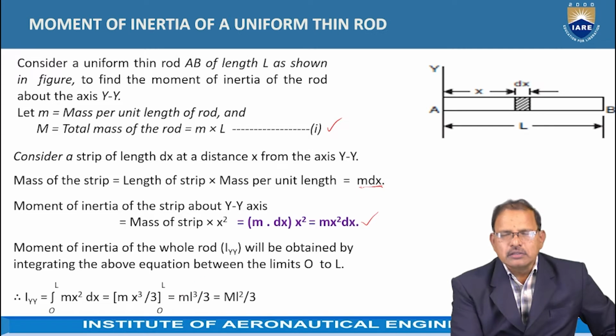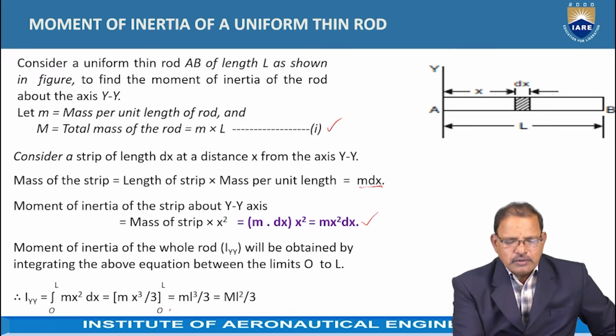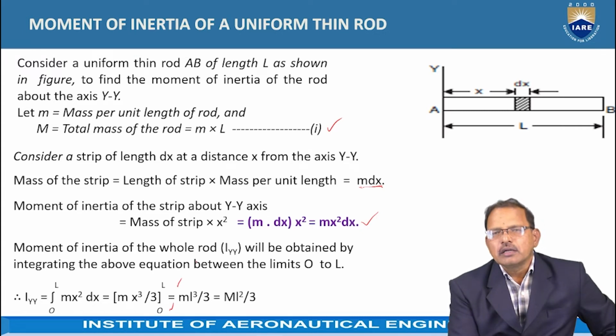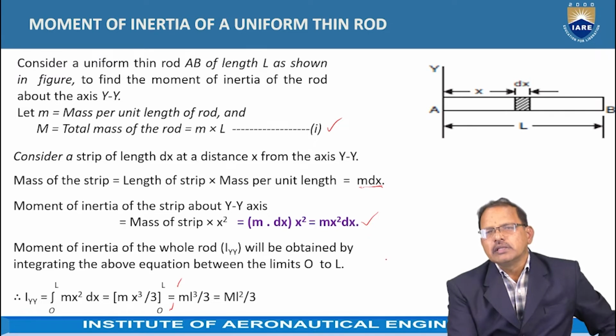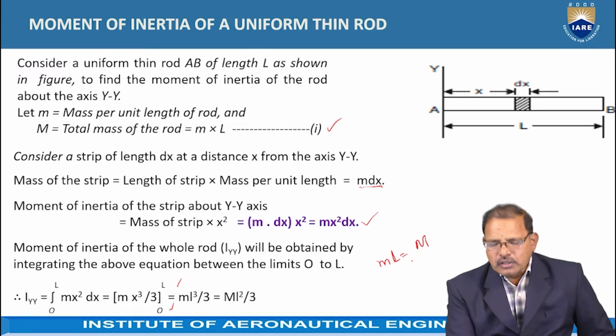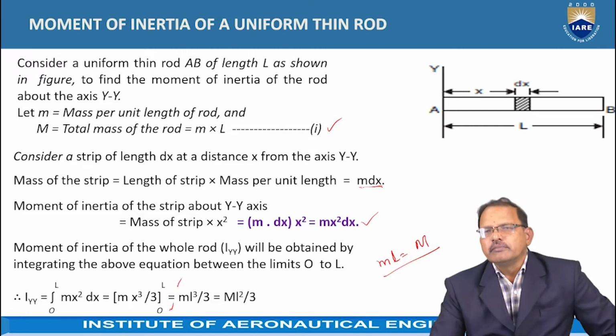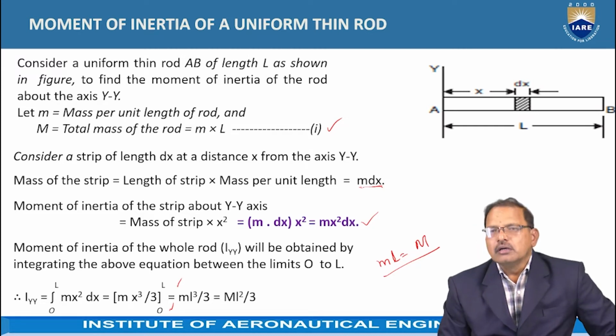On integration, we get m x cube divided by 3, limits from 0 to L, which is equal to m L cube by 3, or M L square by 3, where m into L is representing the total mass of the rod. Hence, I_yy is equal to M L square by 3. This is our required answer. That means the moment of inertia of the rod about the vertical line shown in the figure.